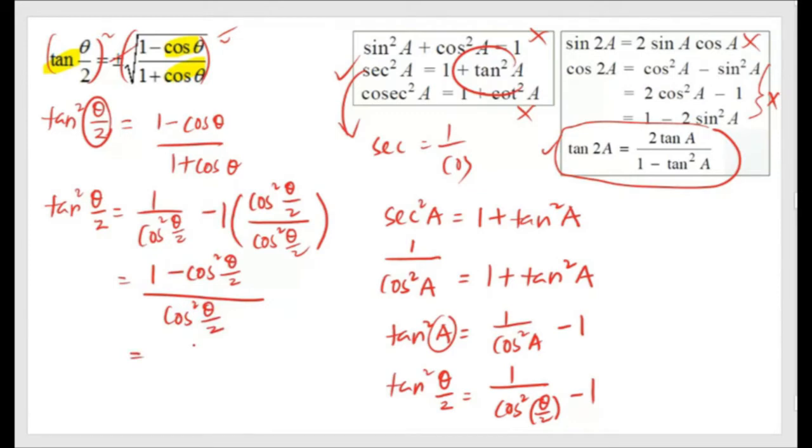Then after this, is there something wrong? Cos square theta over 2. So after this, 1 minus cos square theta over 2 is equal to what?